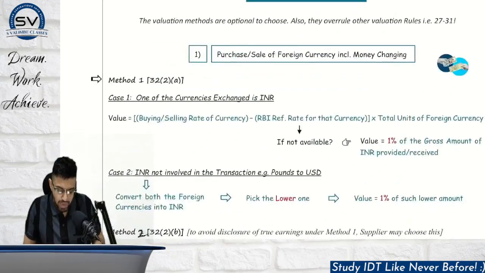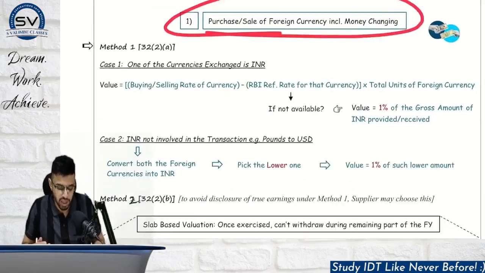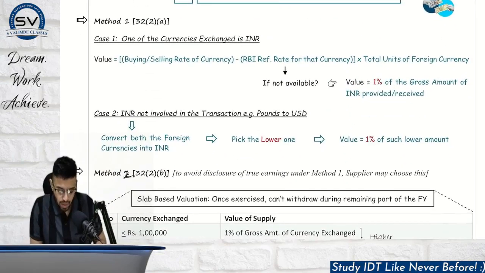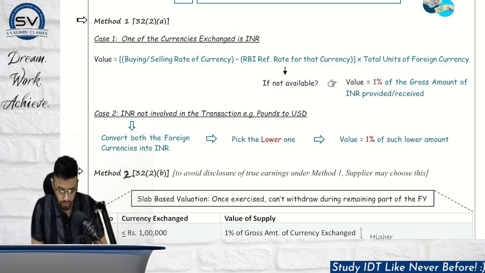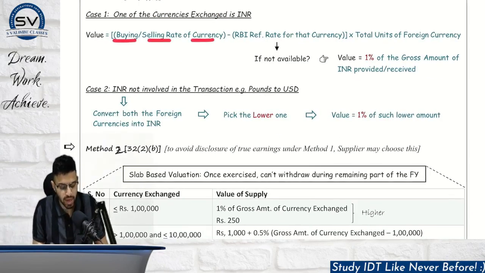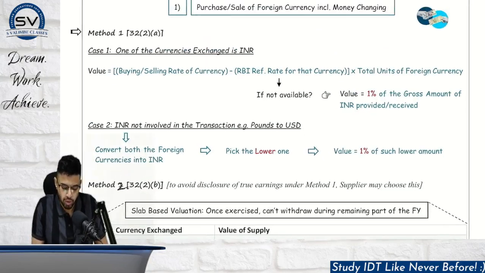Okay, now let's start with respect to money changer or forex changer, method number 1. Now in method number 1, case number 1, if one of the currencies exchanged is INR, let's say I bought USD, I am the money changer, I bought USD from the customer and I sold INR. So you have to take buying or selling rate of the foreign currency minus RBI reference rate for that currency, multiplied by total units of foreign currency.